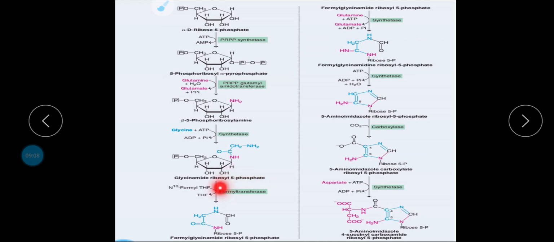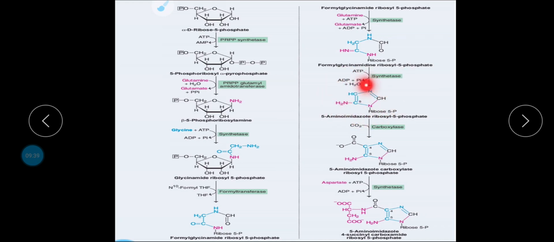Then in the third step we require the formyl group which gets attached to the amino group of glycine to produce formyl glycinamide. After the entry of formyl group in the third step, in the fourth step again the glutamine enters to provide this amino group which attaches to the carbon, and then in the next step the cyclization takes place.